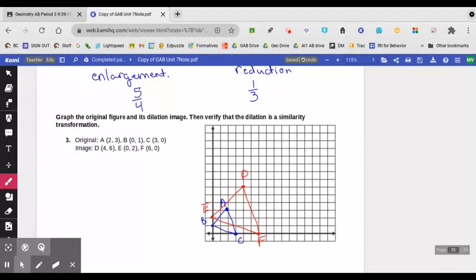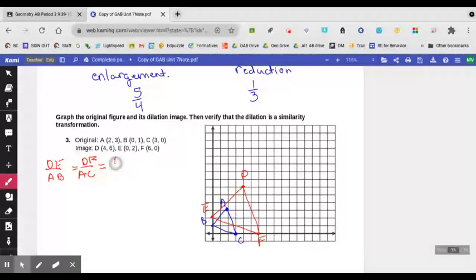So in order to verify that it's a similarity transformation, I need to verify that the lengths are all in proportion. So I need to verify that DE over AB is equal to DF over AC is equal to EF over BC.